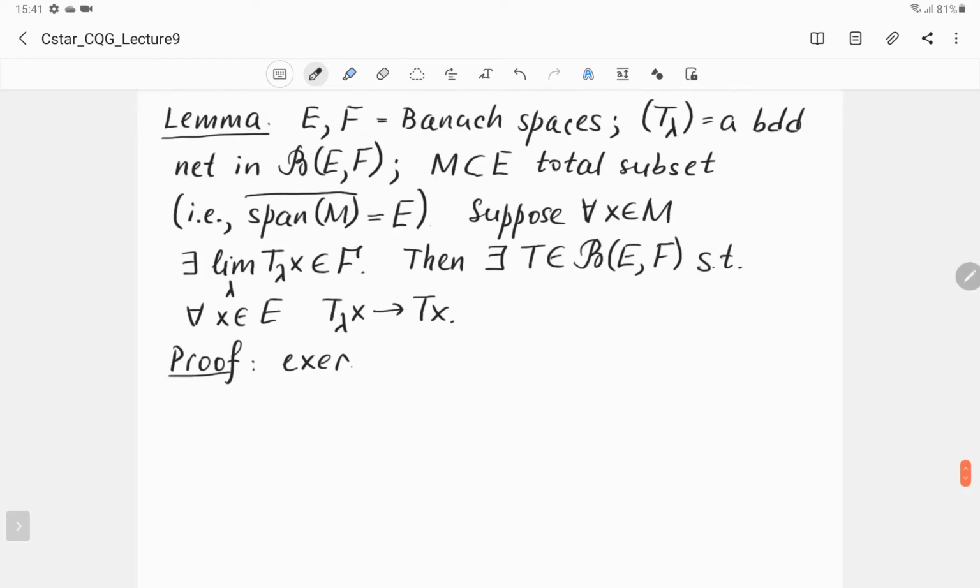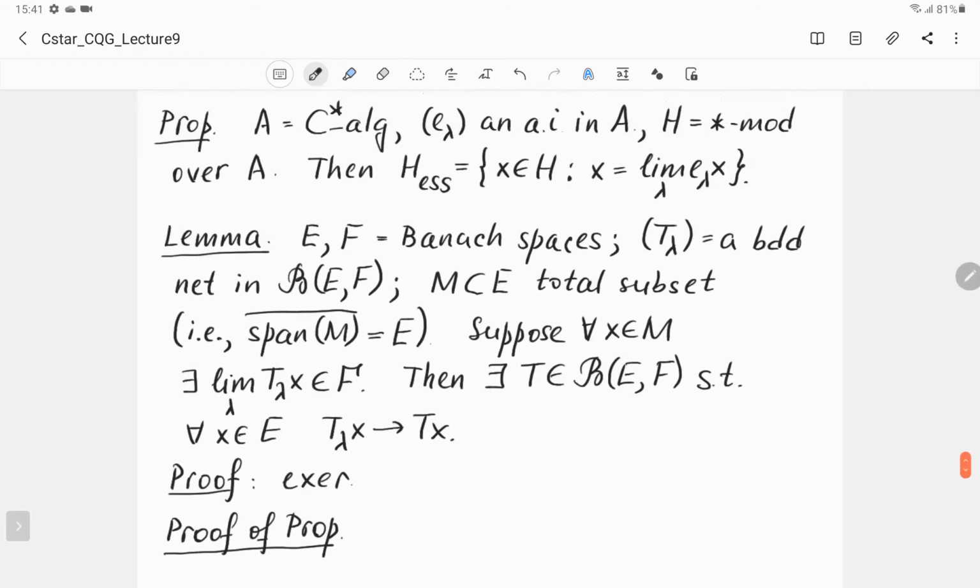Okay, let's now apply this lemma. So we want to prove this proposition. We want to show that the essential part of our module H consists precisely of those vectors for which this equality is satisfied.